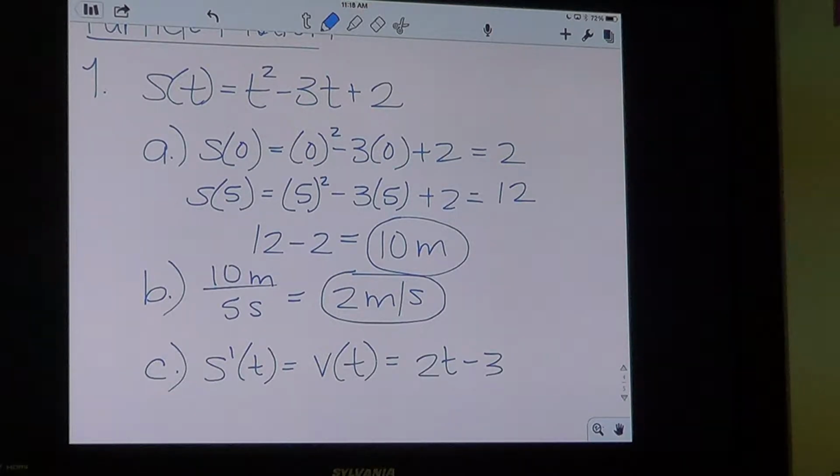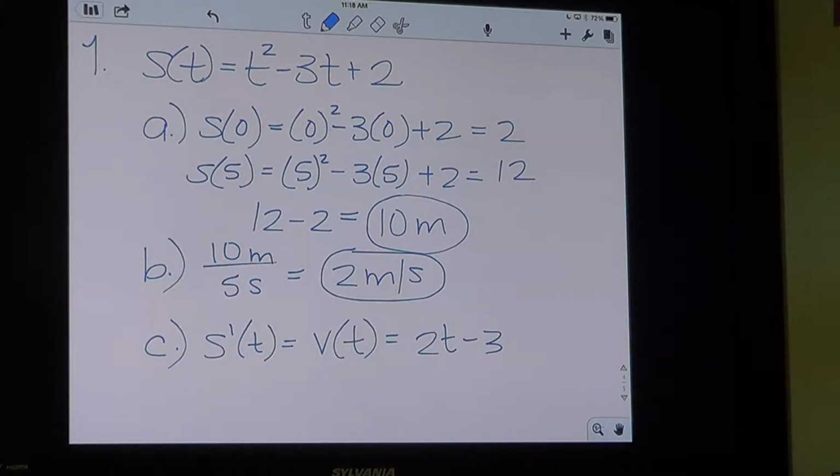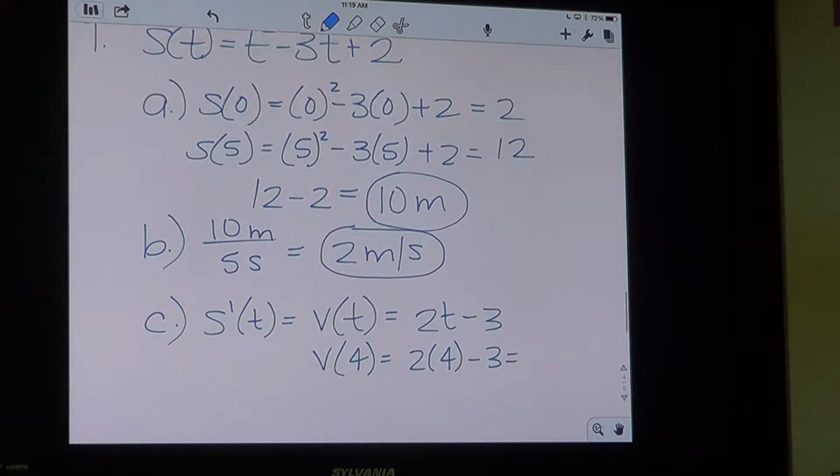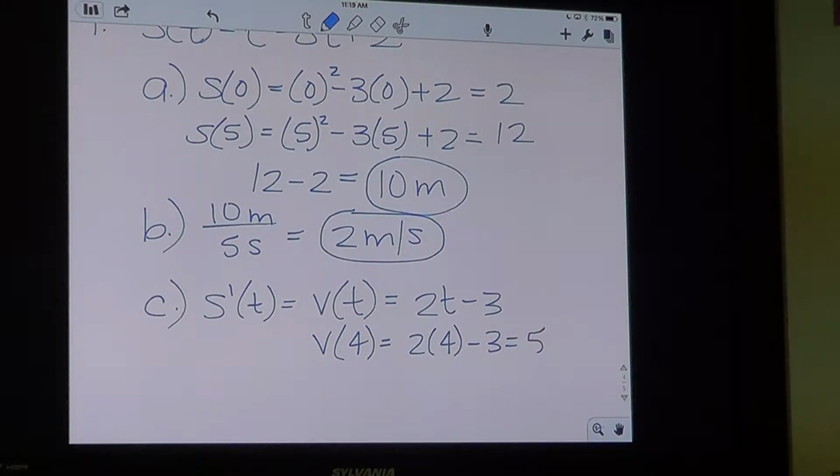Good. Then they're asking for it at time 4 seconds, so that will be 5 meters per second. Good. Okay, and then part D says at what values of t does the particle change direction?